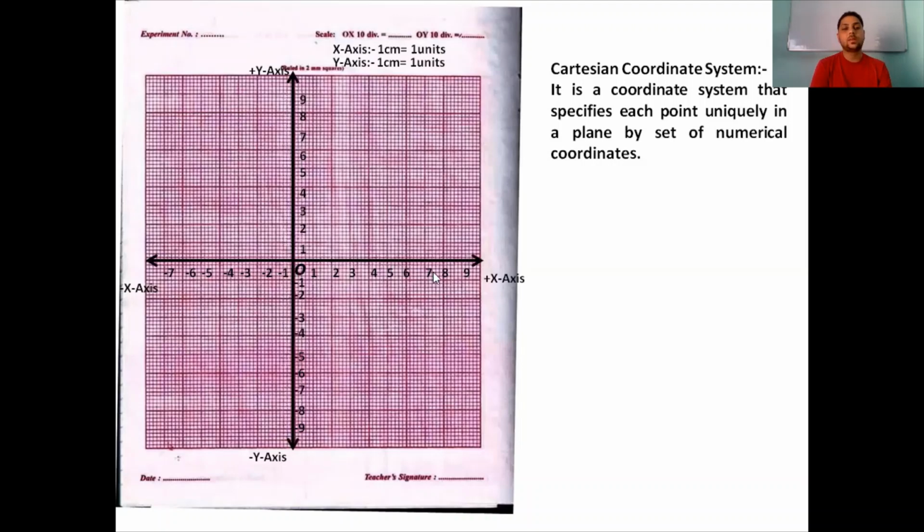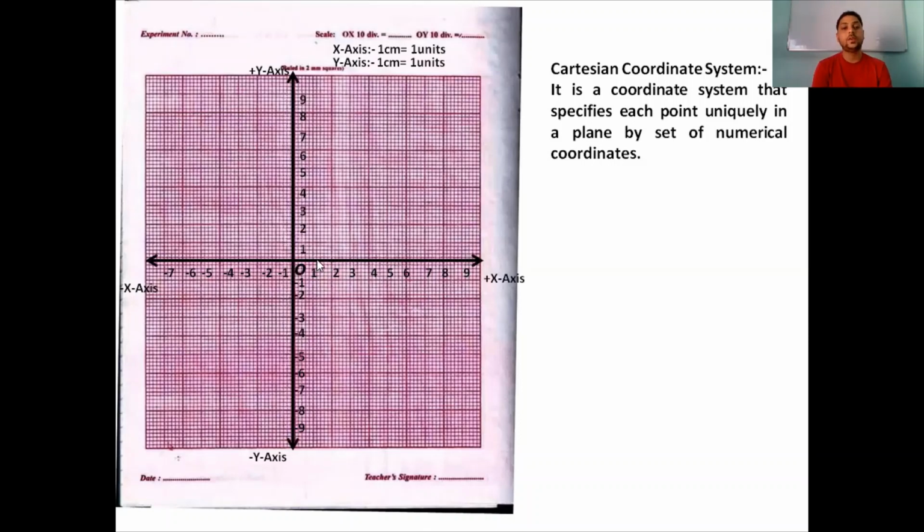So with this system, we can represent 9 points on our Cartesian plane. This small box, which is of measure 1 centimeter on each side, has 5 divisions: 1, 2, 3, 4, 5, and we have selected that 1 centimeter is equal to 1 unit.